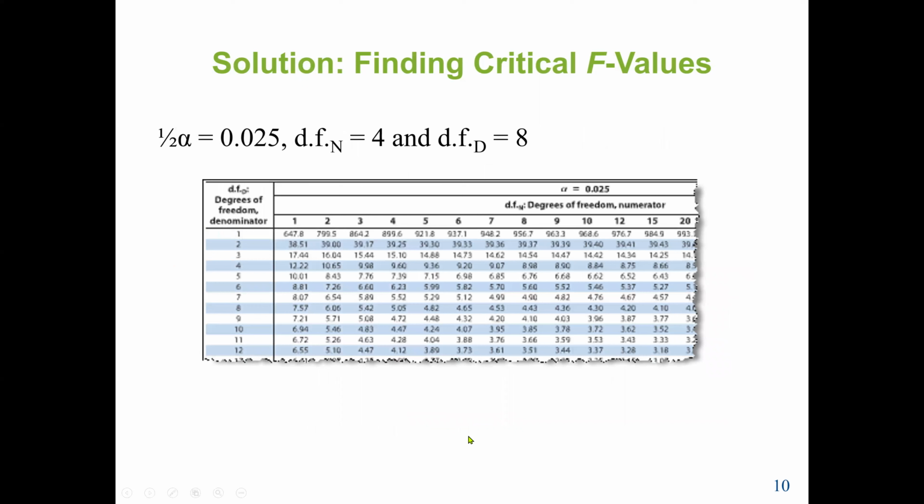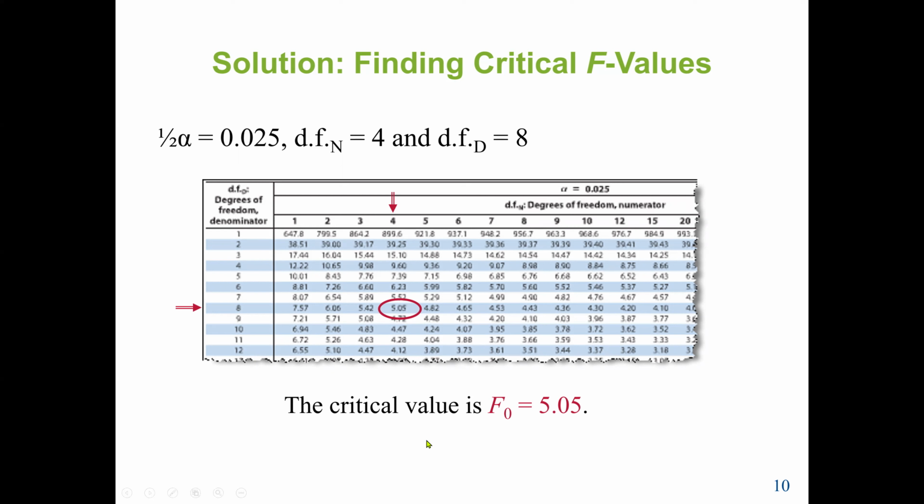So we go back to the table again. This time I will go to the area of 0.025. So we can see we are in the area of alpha equal to 0.025. Then the degree of freedom for the denominator is 8, so I'll go to 8 and I'll go to 4. So our answer will be 5.05.